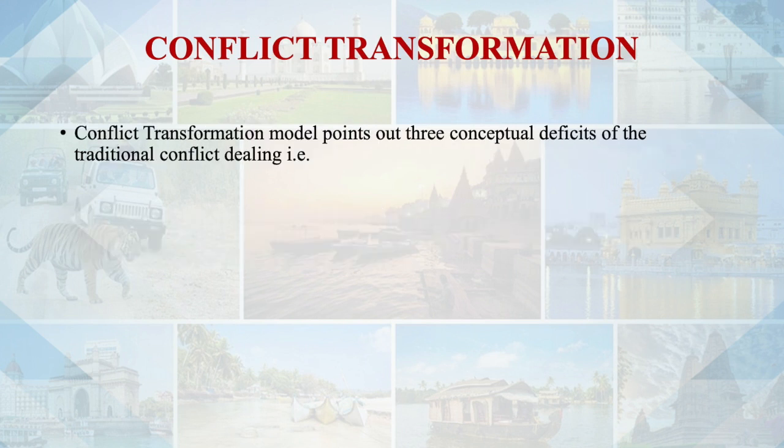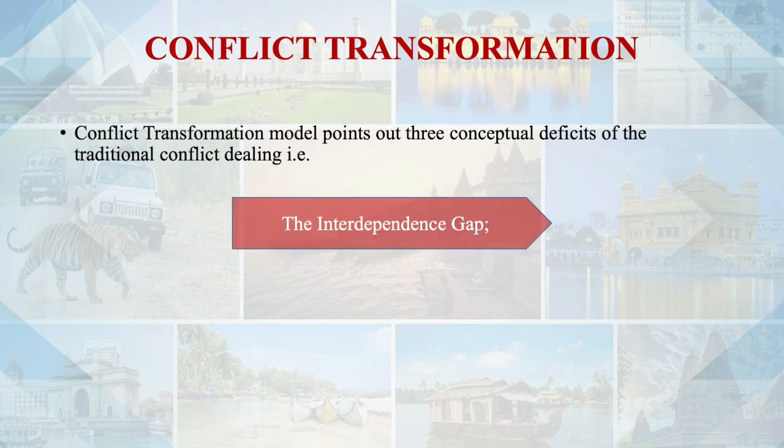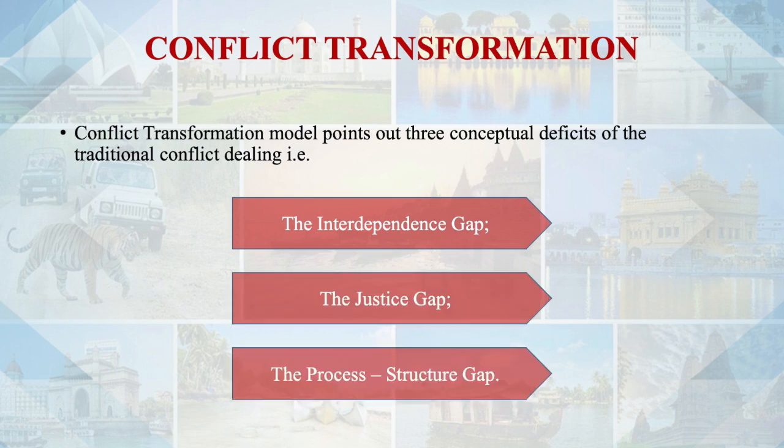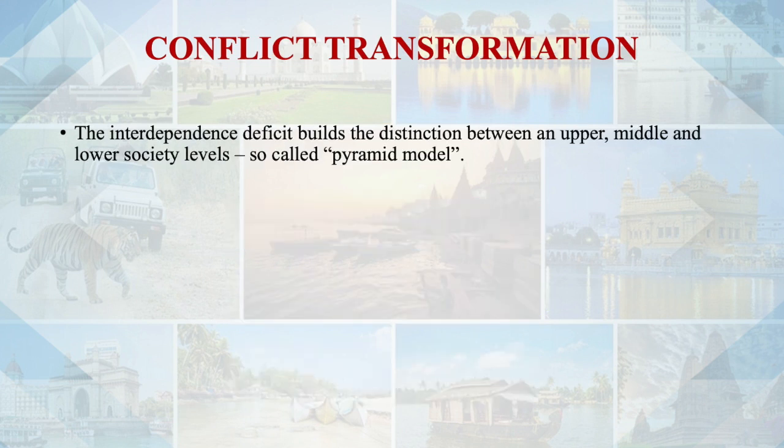The conflict transformation model has basically three conceptual deficits. The first is the interdependence gap, then there is a justice gap, and there is a process structure gap. So what is the interdependence deficit? It builds the distinction between an upper, middle and lower society level, so it is called a pyramidal model.